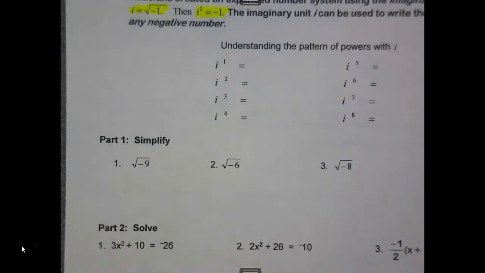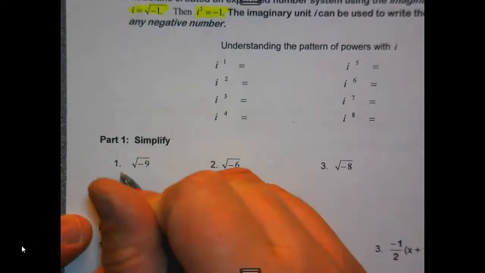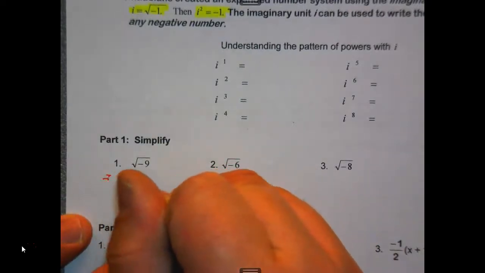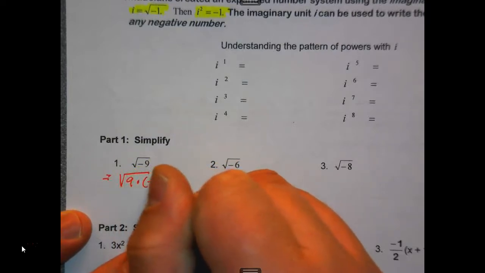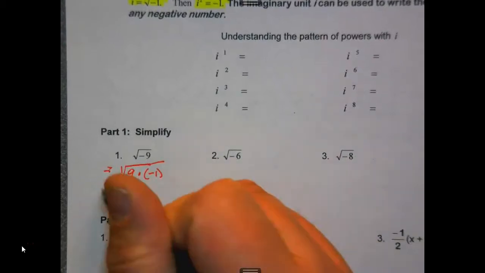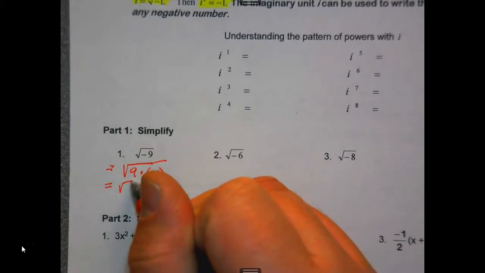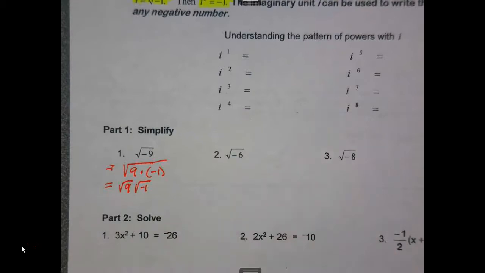For example, number 1, I have the square root of negative 9. Well, I can actually rewrite this as the square root of 9 times negative 1. And then I can split up my square root into the square root of 9 times the square root of negative 1. Now I can take the square root of a negative number.